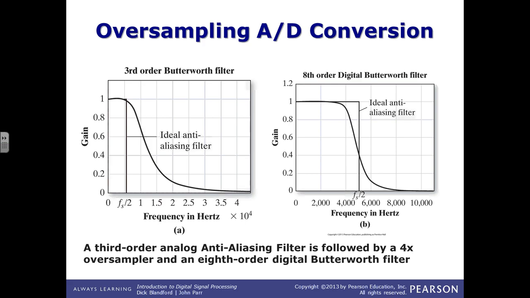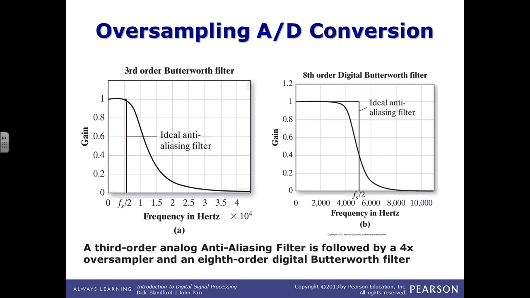Here's an example of the kinds of filters and actual frequency responses that might be used in this kind of setup. Here at the proposed Nyquist rate of fs/2, we'd use a low-order Butterworth filter that only begins to roll off a little bit at the intended Nyquist rate, but that does roll off at higher frequencies.